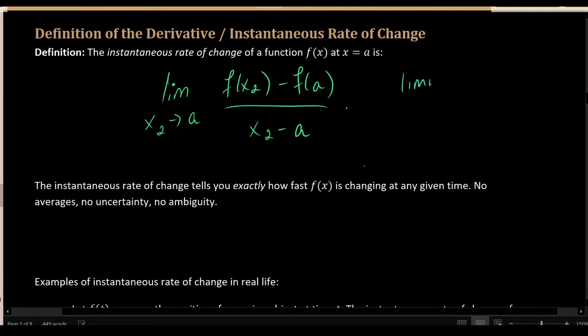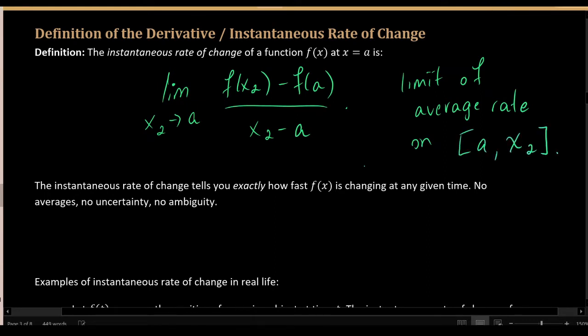Basically, this is the limit of the average rate of change on the interval from a to some secondary right endpoint, some secondary later time.